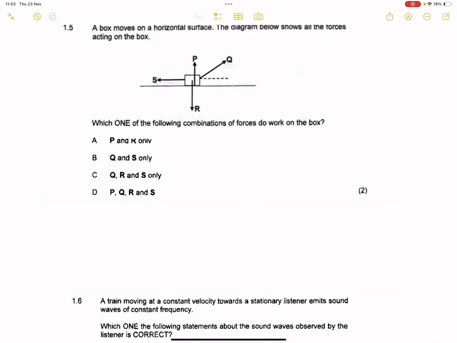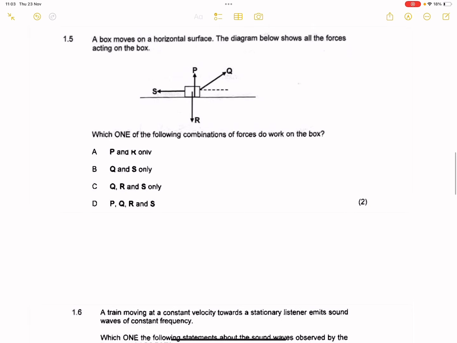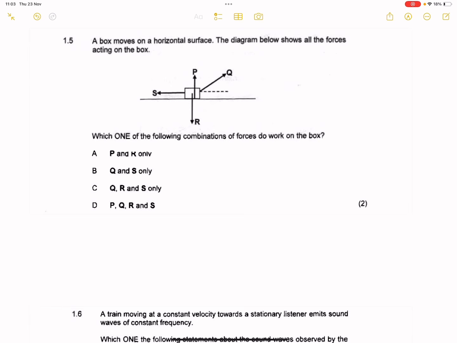They say a box moves on a horizontal surface, right? They say the diagram below shows all the forces acting on the box. They say which one of the following combinations of forces do work on the box. Now there'll be only two forces that do work on the box.